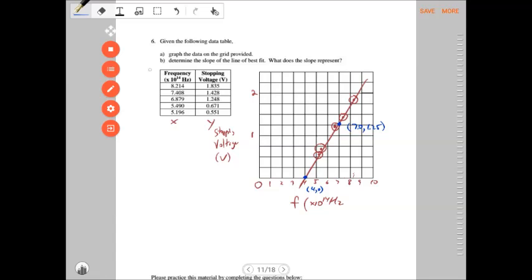It said graph the data, determine the slope. So slope is simply y2 minus y1 over x2 minus x1. So y2 is 1.25. Now remember, this is voltage, 1.25 volts. The only reason I can go to 1.25 is because it's right on the crosshairs there, so we can get down to that nearest hundredth.